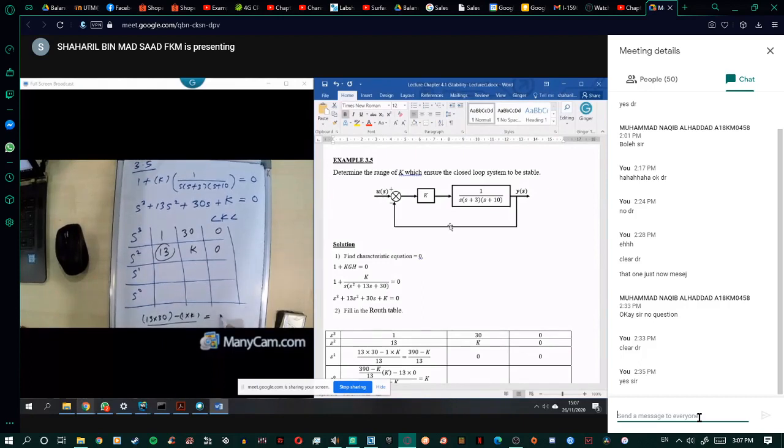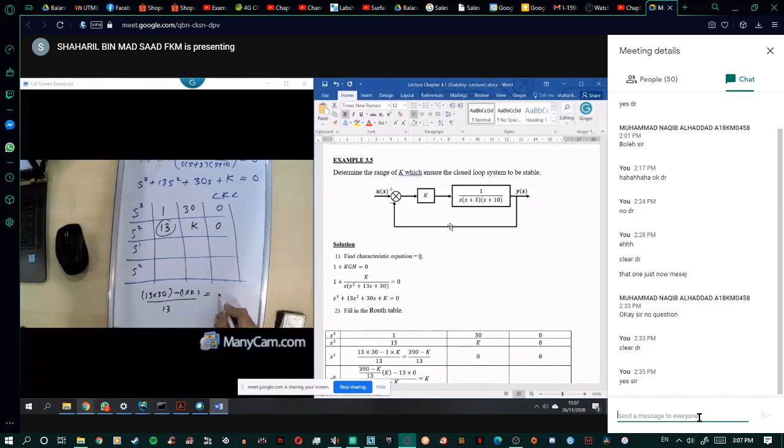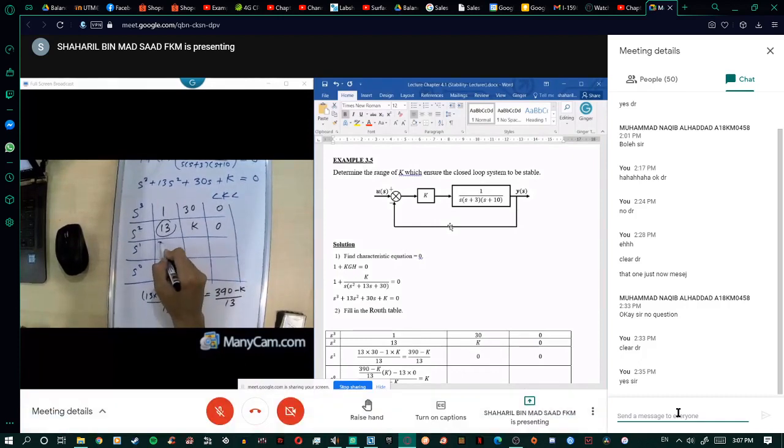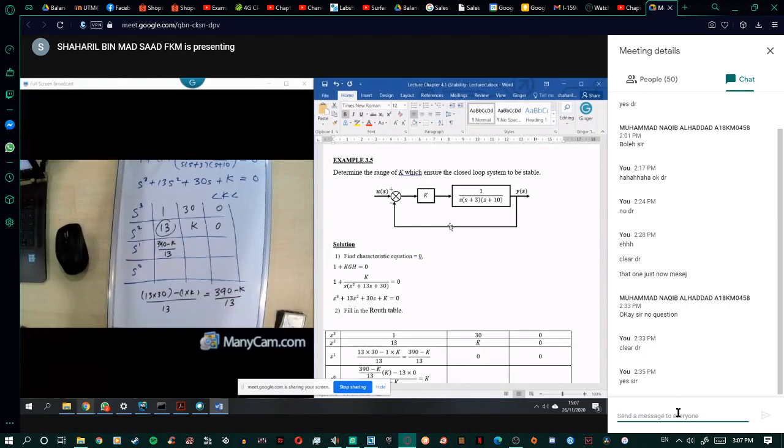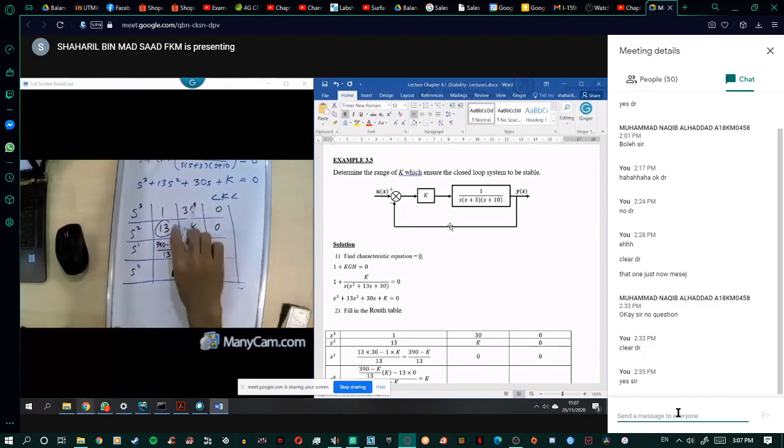So we got 390 minus k divided with 13. Okay, so this one we got k divided with 13 here. And then 13 times 0 minus 1 times 0 divided with 13, you got 0 here. Okay, done.